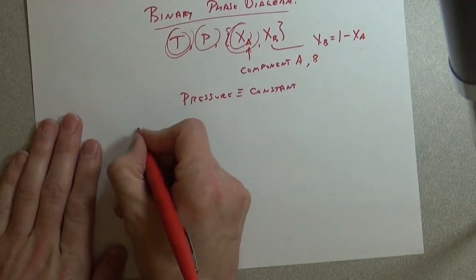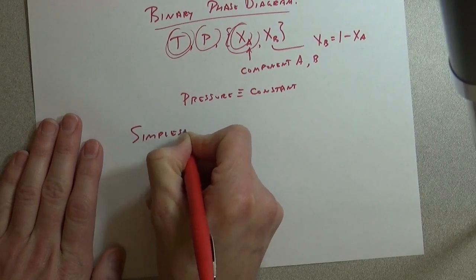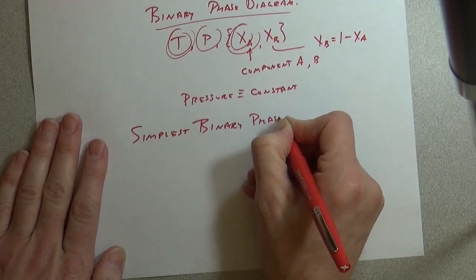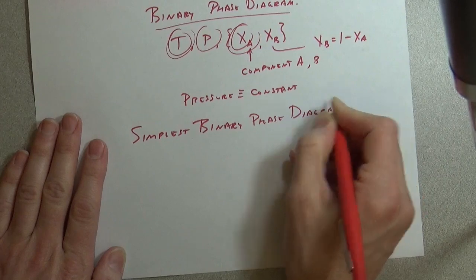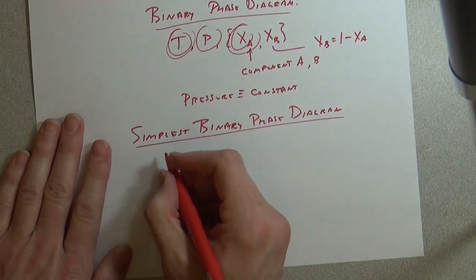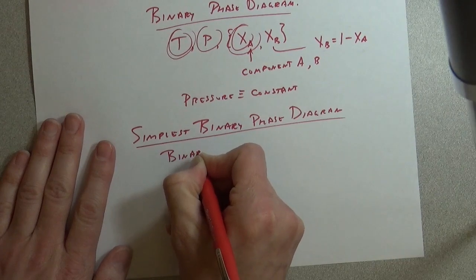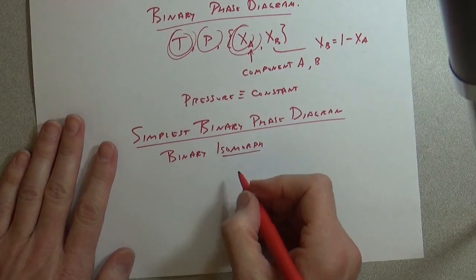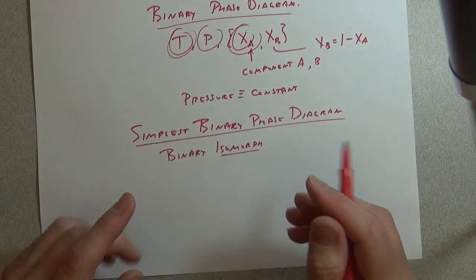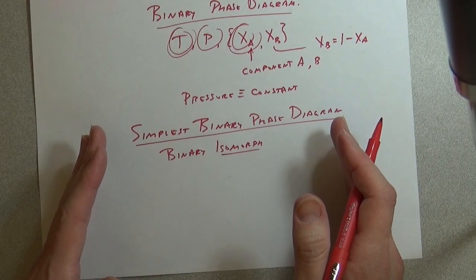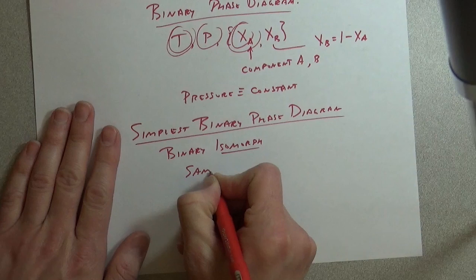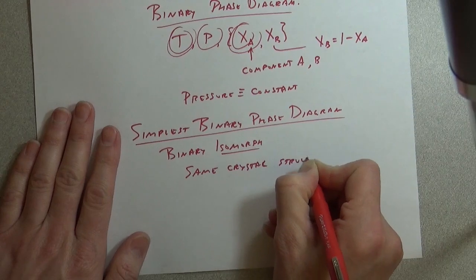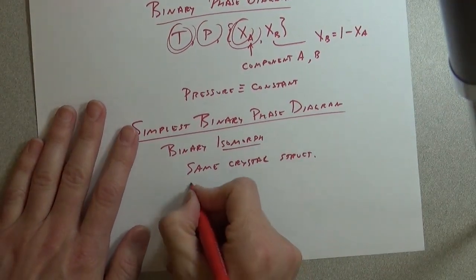And we're going to begin with the simplest binary phase diagram. And this involves binary isomorphs. So an isomorph, these are two components that have the same crystal structure and they have similar size.